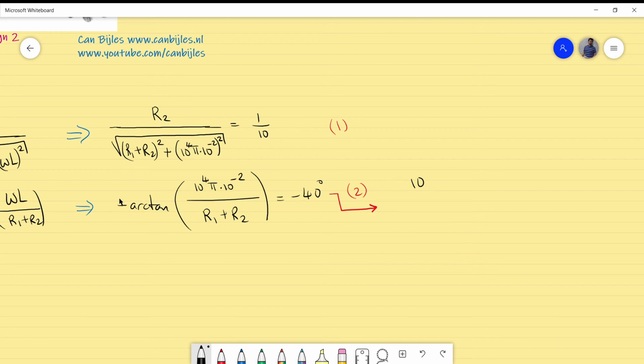If I multiply by minus 1 on the left side and right side, and take the tangent of the left side and the tangent of the right side, I will have a couple of steps. It will be 100 pi divided by R1 plus R2 equals tangent of 40 degrees.